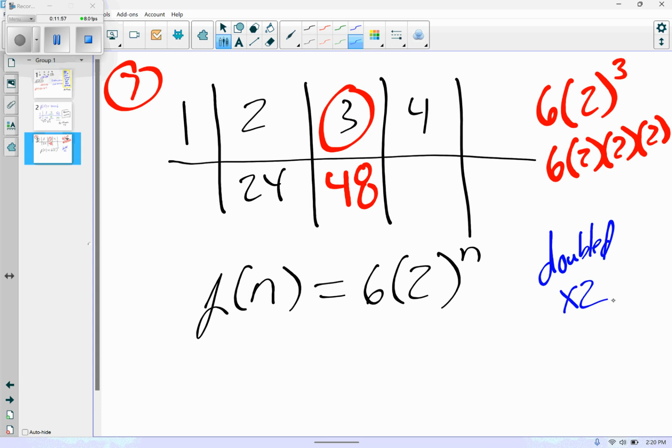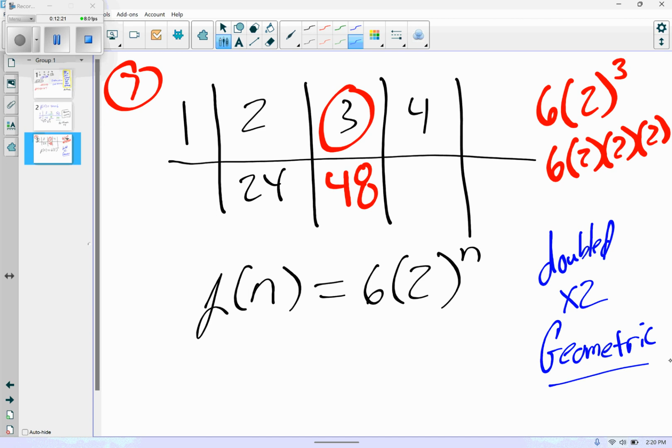Is times 2 the same thing as add or subtract? If I multiply, is that the same thing as add or subtract? No. So it's not arithmetic. Because this is being multiplied, this is going to be called geometric.